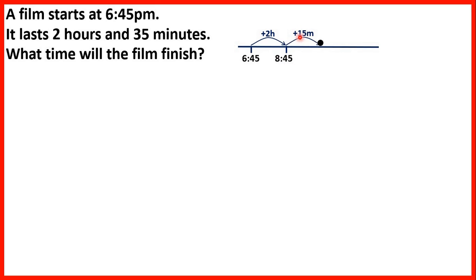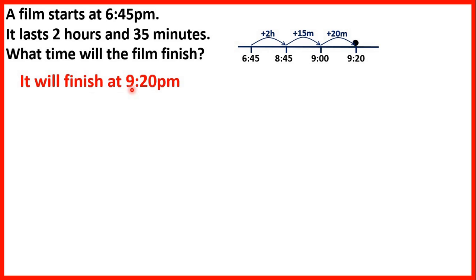If we add 15 minutes, that will take us to 9 o'clock, because there are 60 minutes in an hour, and 45 plus 15 is 60. But that's adding 15 minutes, and we need to add 35 minutes. So we can add another 20 minutes, because 15 and 20 make 35 together. So 20 minutes after 9 o'clock is 9:20, so that's the time that the film will finish.